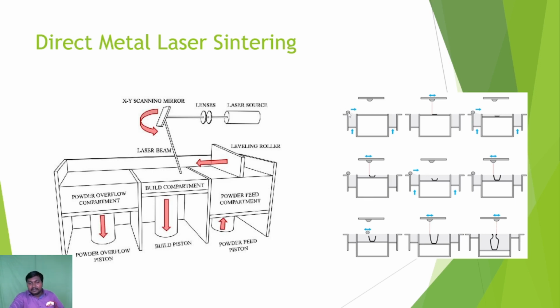First, the roller moves, supplying the powder from left to right, and from above the laser source is applied. First the sintering process takes place and the first layer is formed, then the second layer, and finally layer by layer the final product is made.